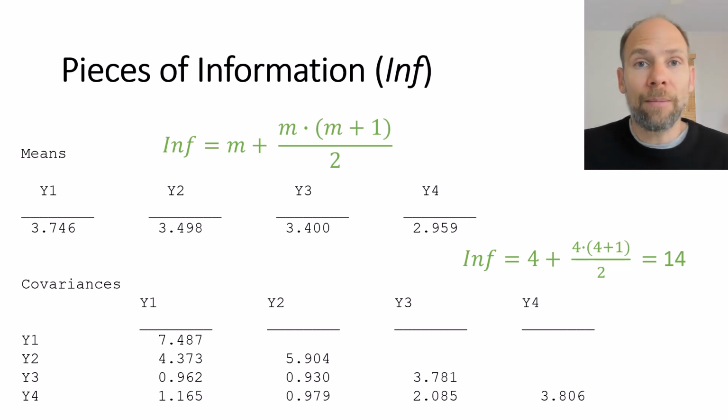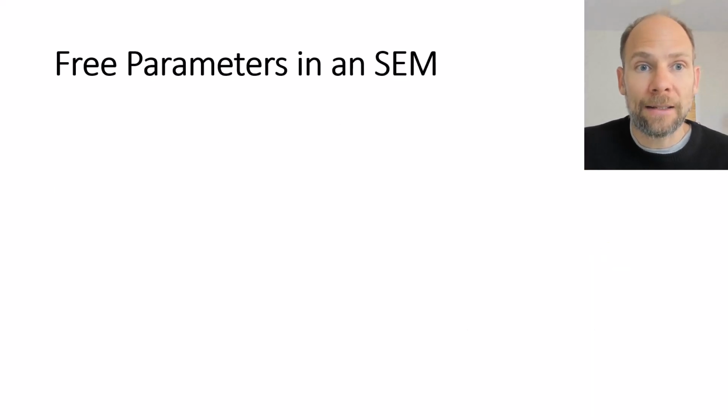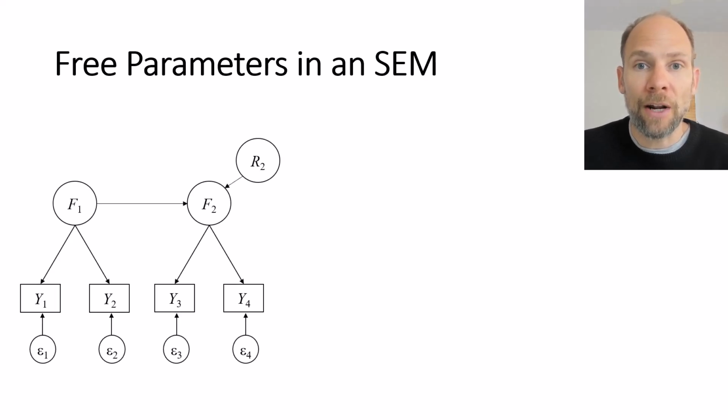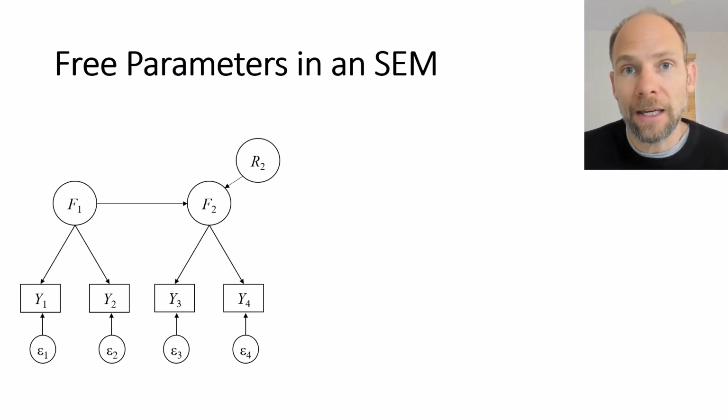Now let's talk about the parameters next. So what are the free parameters in CFA and SEM? I'm going to begin with a structural equation model here, specifically with a latent regression analysis model for those 4 variables. You can see the 4 variables here, y1, y2, y3, and y4 are shown in boxes. Those are the latent variable indicators.